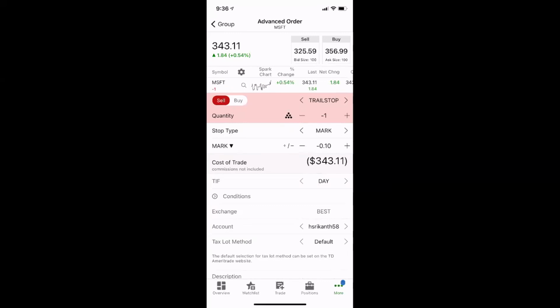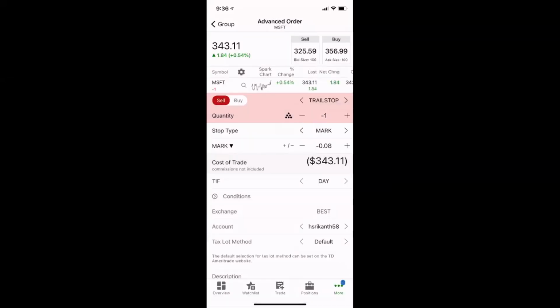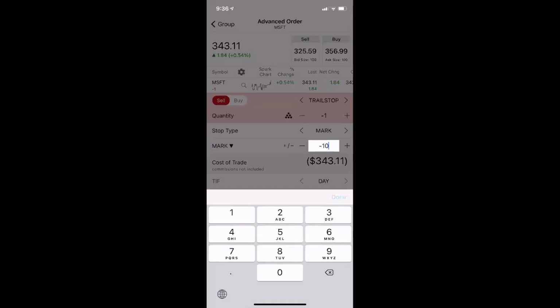If you're okay to lose, let's say 5%, you calculate 5% of 343, and then you can just go ahead and set it up like $10.